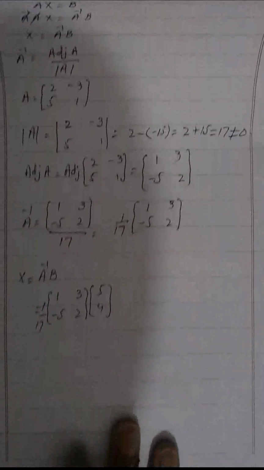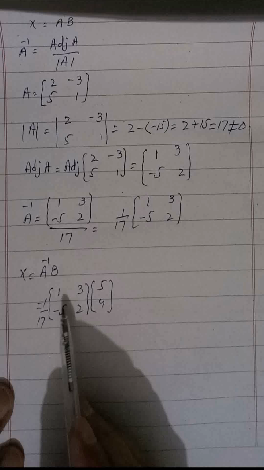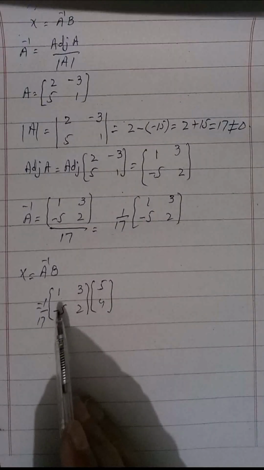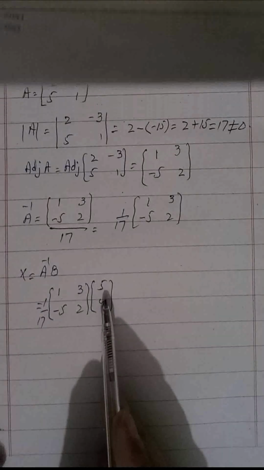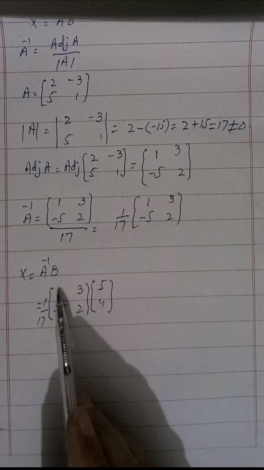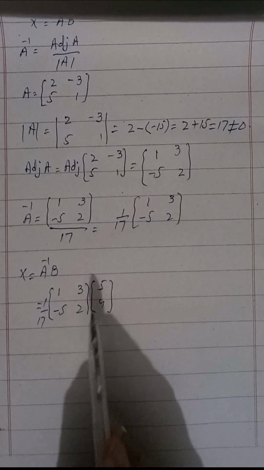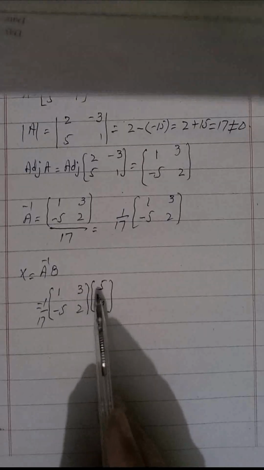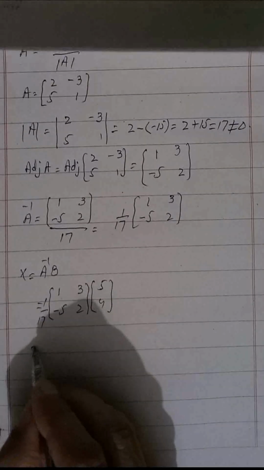Now we multiply the matrices. This is A inverse and this is B. We know that the number of columns of the first matrix and the number of rows of the second are the same: 2 columns, 2 rows. Now we can multiply it.